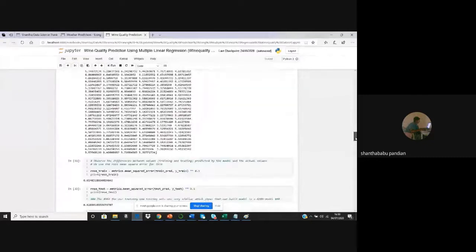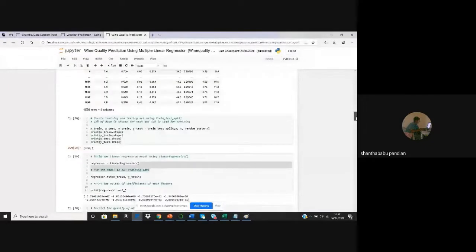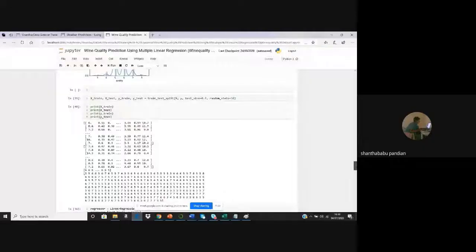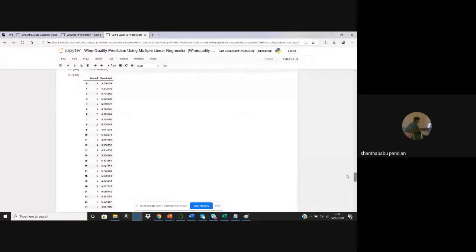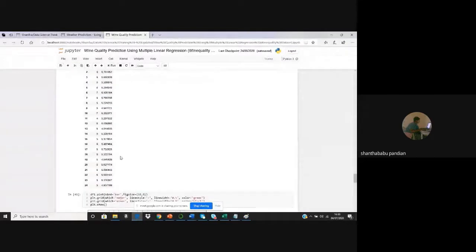Size. What is the size? Yeah, I have 1599, almost 1600 rows. I think the data we are seeing is mostly the top 25, which looks very close. If you look at the entire data, it may be different.